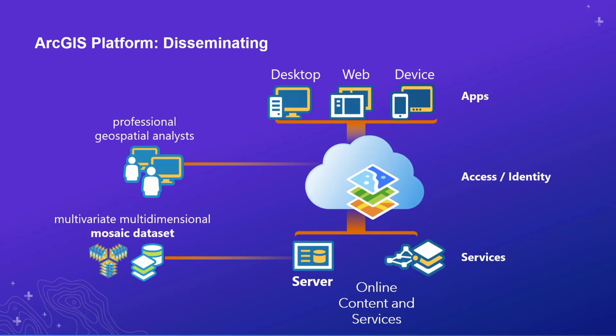In this architecture, as you can see, you can create a mosaic dataset or other dataset, and you can publish them on a server, and you have other services that come through as online content and services. Now, as a user, you can sit on the other side, and through desktop, web, or device, you can consume this data and do additional work.